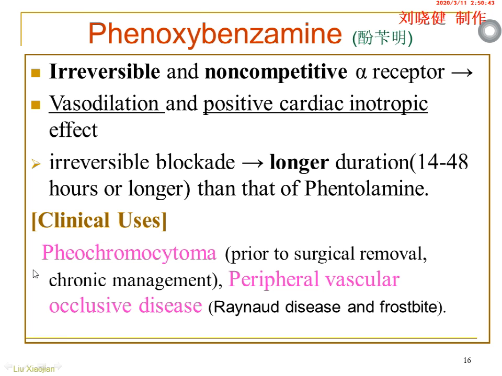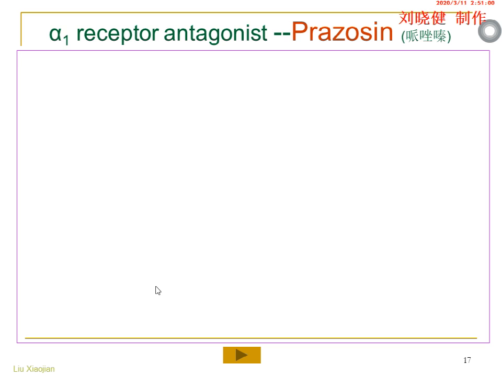It can also be used to treat pheochromocytoma prior to surgical removal or for chronic management, or used to treat peripheral vascular occlusive disease like renal disease or frostbite. Phentolamine, because of its positive effect on the heart, although it induces vasodilation, cannot be used to treat hypertension.